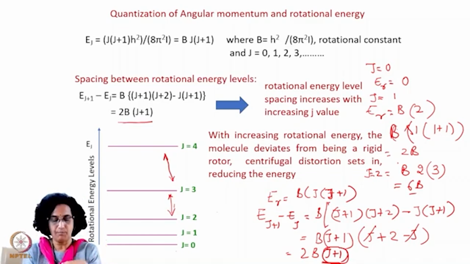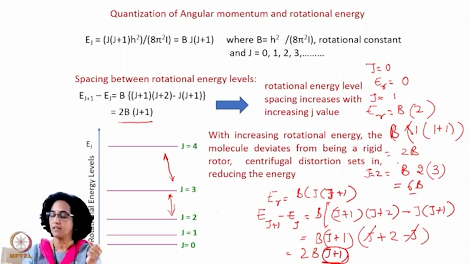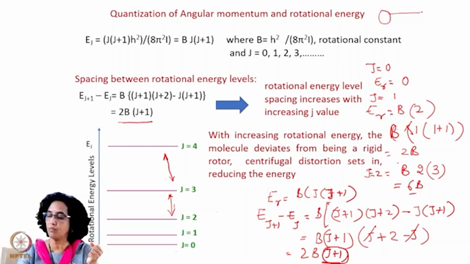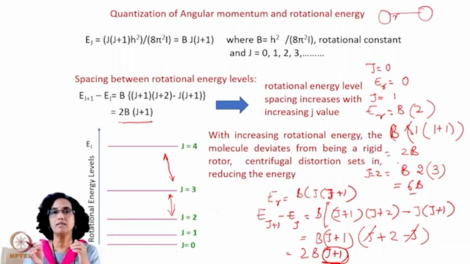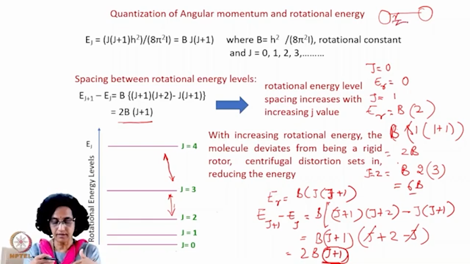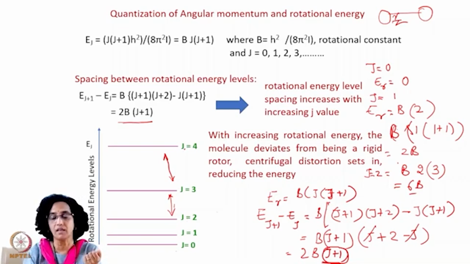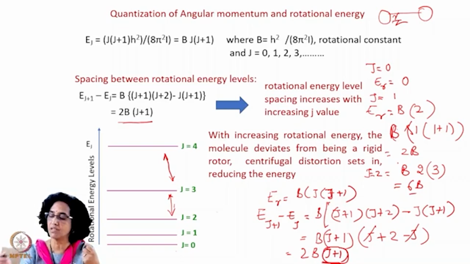Now, one important thing that we have assumed while deriving this is that this is a rigid rotor. That means the separation between the two atoms of the molecule, this R, does not change. It always remains equal to R. But actually, as the J value keeps on increasing, the centrifugal force becomes so large that this R tends to increase.